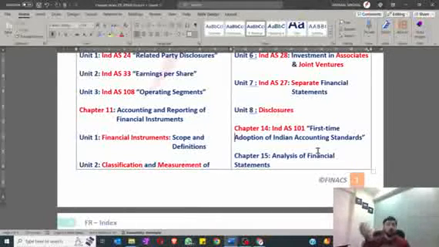So how the Ind-AS should be adopted, or what all things should be kept in mind while adopting the Indian accounting standards for the first time, or converting your books into a compliant set of books as per Indian accounting standards, is dealt with by Ind-AS 101.